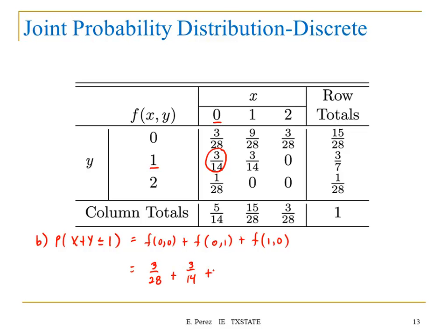And the probability for (1, 0)? 9 over 28. So this will be equal to 9 over 40. And that's your probability.